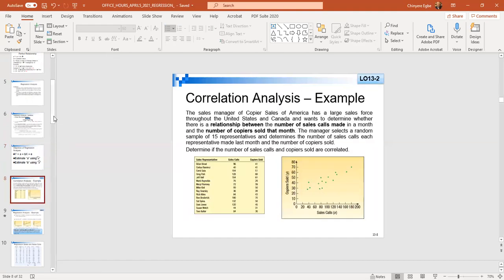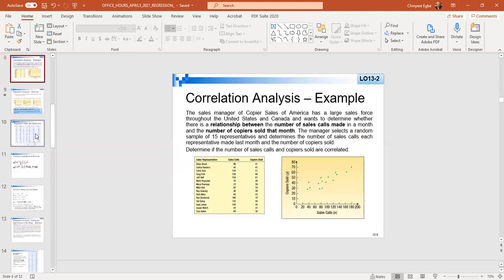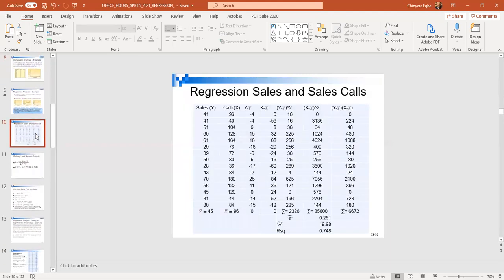So our first example that we're going to do will be the example on sales and sales cost. What does this mean? We are looking at data of sales people, salesmen, saleswomen.